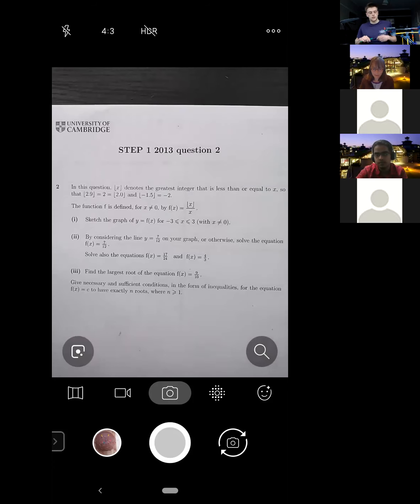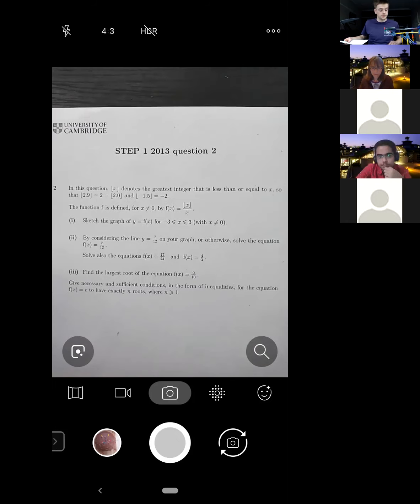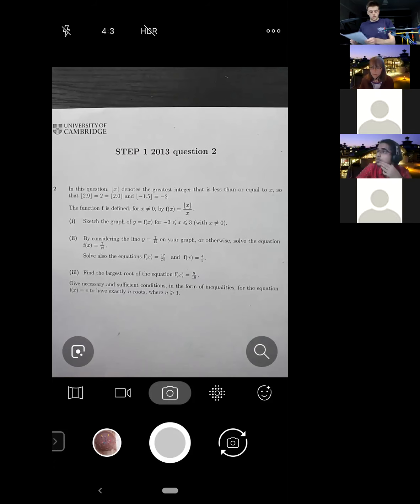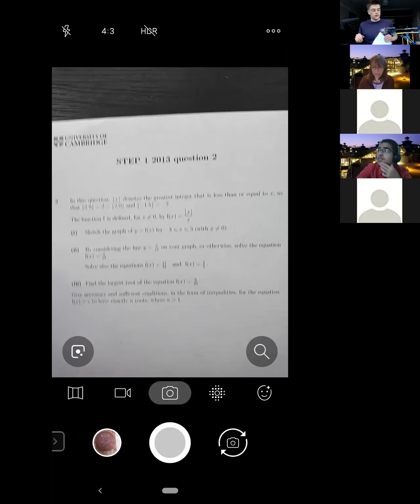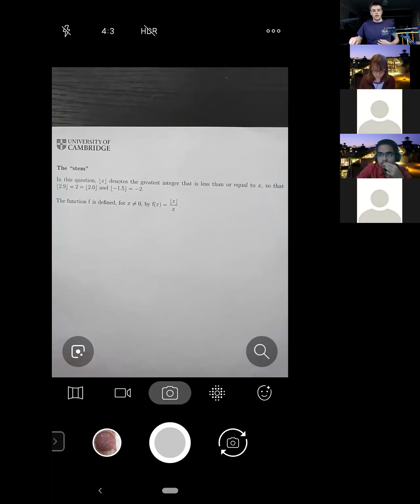Okay, grand. So this is the first step question we're going to look at, and it's the one that you've been sent and hopefully have had a bit of a look at. Okay, so I'm just going to dive straight in. This is what we call the stem of the question.